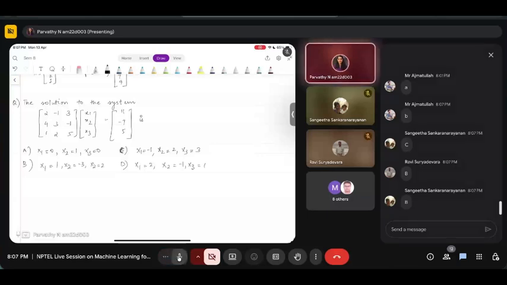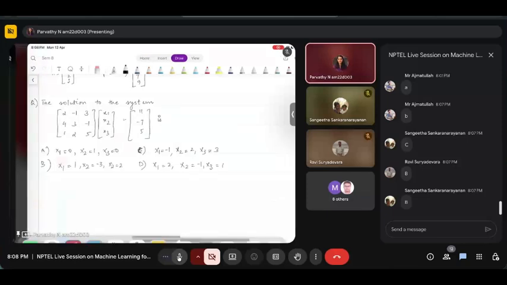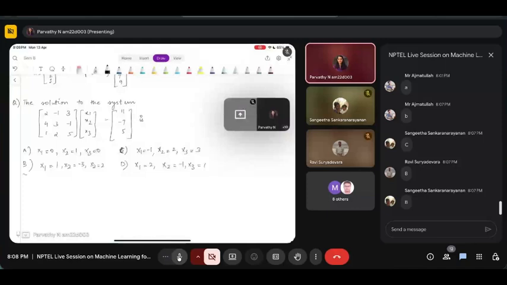Yeah, so it is B. You can simply substitute the values for x1, x2, x3, and when you substitute these values, you can see that this one will satisfy.